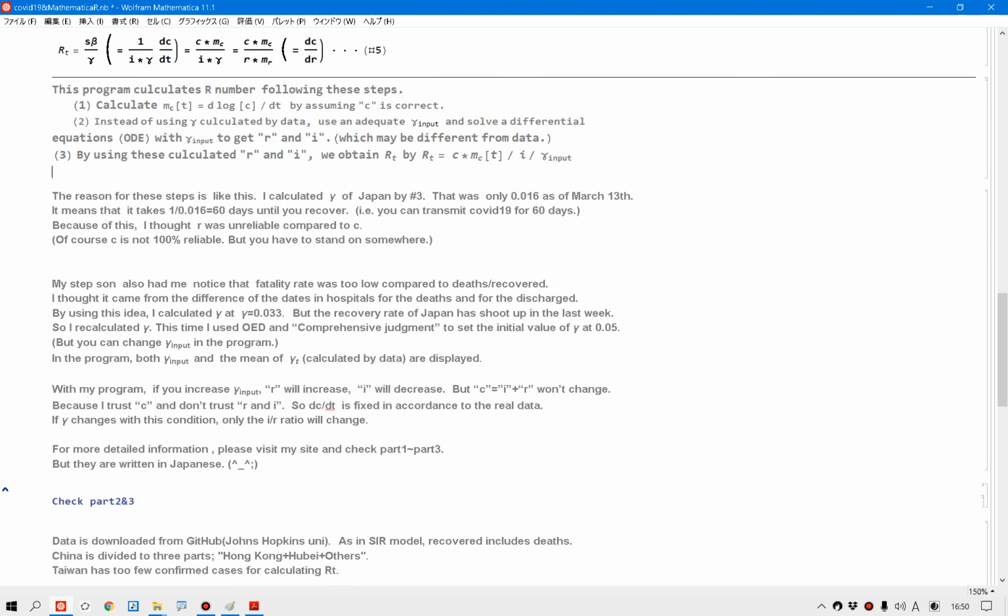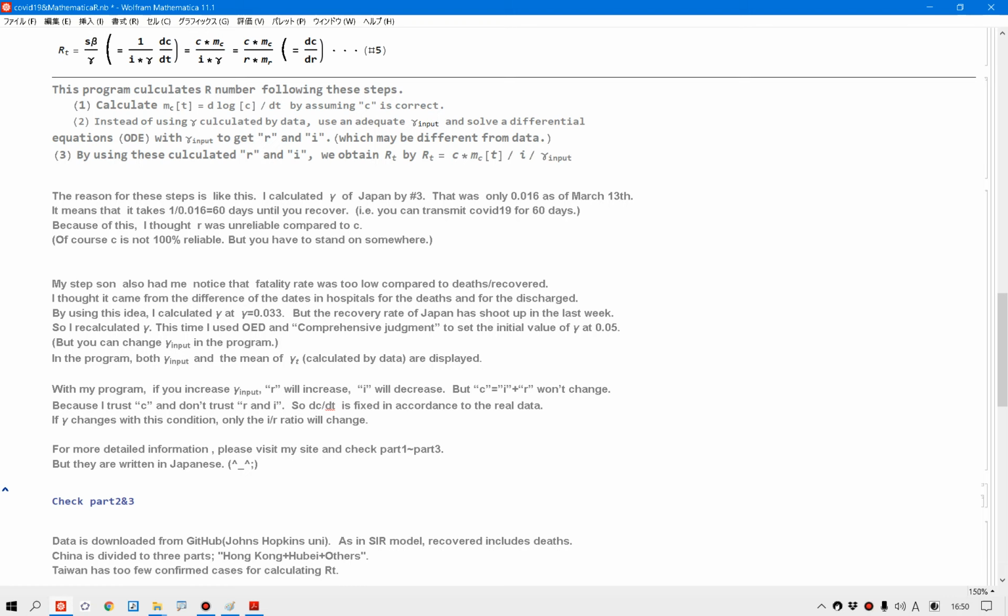And my steps also made me notice that the fatality rate was too low compared to death and recovered. If you check the statistics, the death and recovered ratio is 1.6 or 1.7, so the fatality rate is 1/8 or something like that. It's too high.